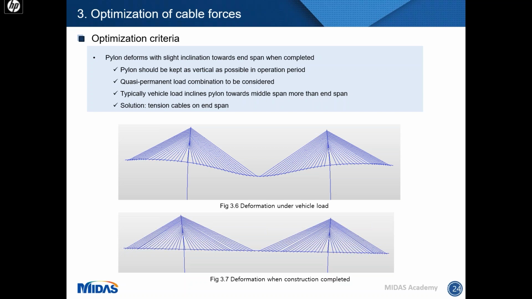Typically, vehicle load will make the pylon incline towards the middle span more than the side span, because the middle span is larger than the end span. So to counteract this deformation, we need to make the pylon a bit inclined to the end span when it is completed. To achieve this, we can tension the cables on the end span.